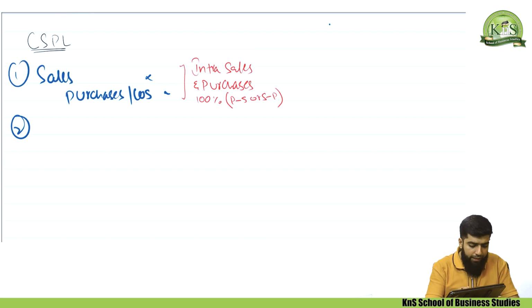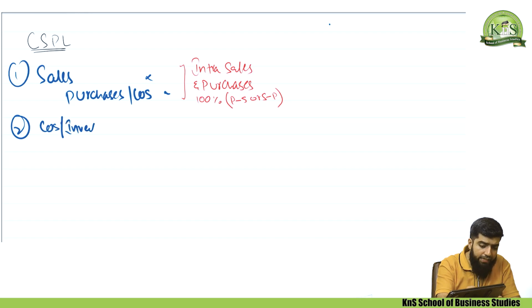Now, how are we going to eliminate that? The adjusting entry would be: cost of sales, or we can say inventory, will be debited, and inventory will be credited.